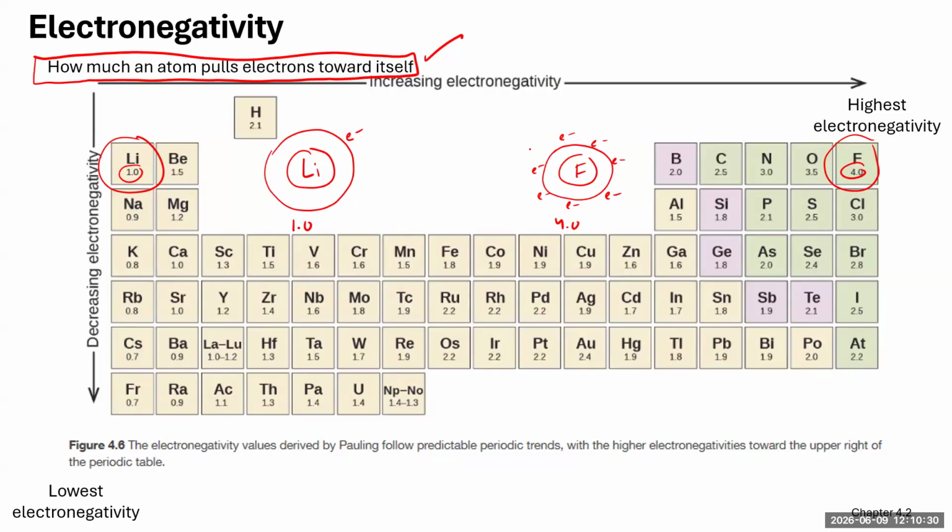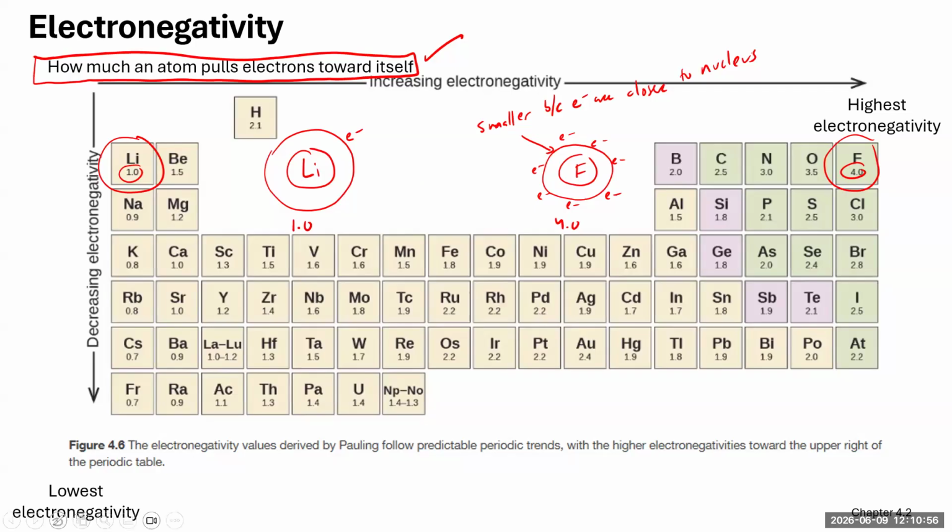And so you can see here, the radius is smaller because the electrons are closer to the nucleus. It shrinks because it pulls the electrons closer.